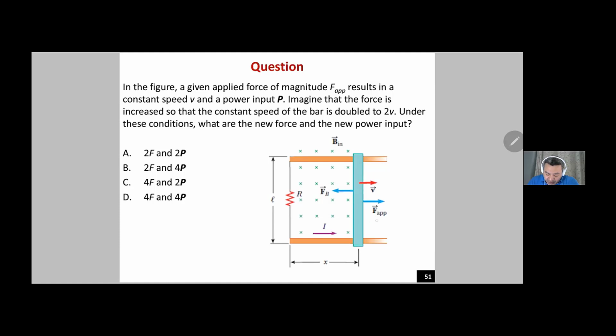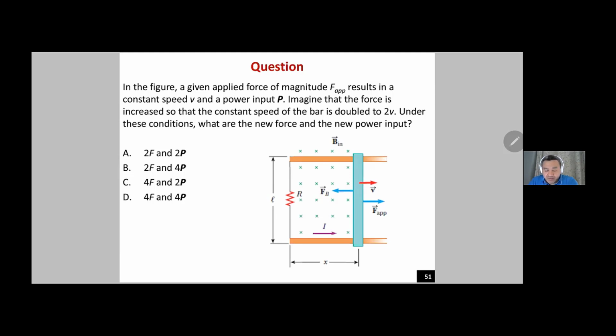Now, if you apply a force F_app to move the bar to the right with a constant speed of v and a power input at the resistor of P, imagine that the force is increased so that the constant speed of the bar is doubled. So the velocity or the speed here has been doubled. Under these conditions, what are the new force and the new power generated at the resistor?